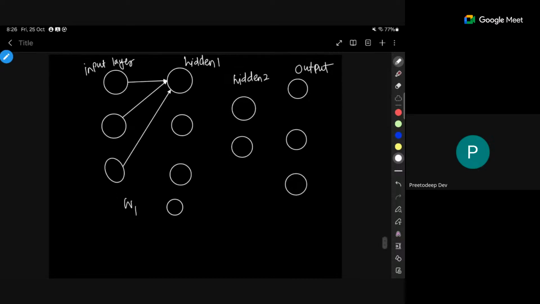In the output, it depends on how many classes are given to you. The number of classes defines the number of neurons, so k classes means k neurons. So if x belongs to R^t, then you'll need t neurons in the input layer.